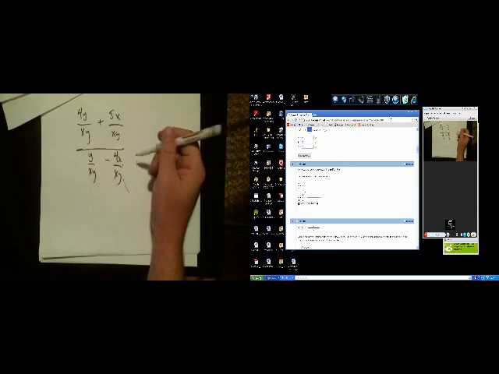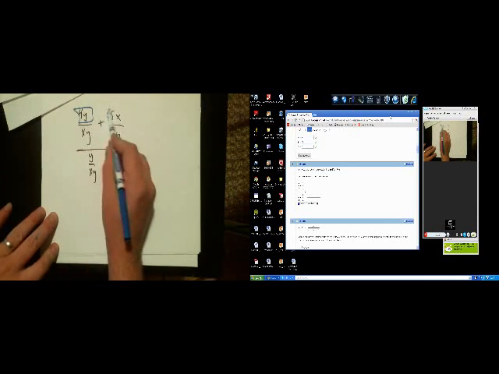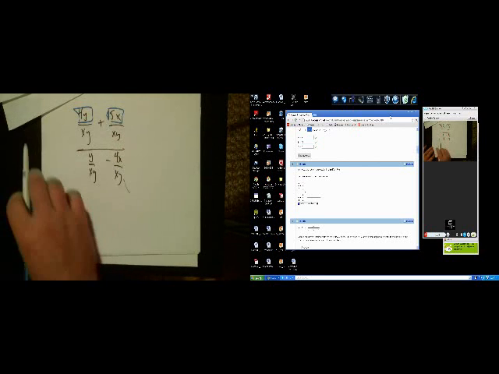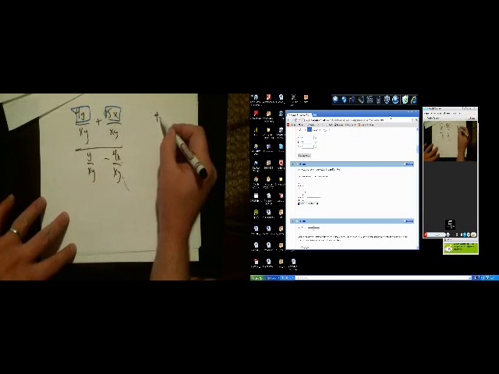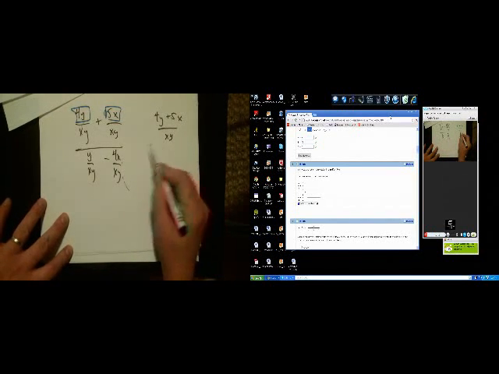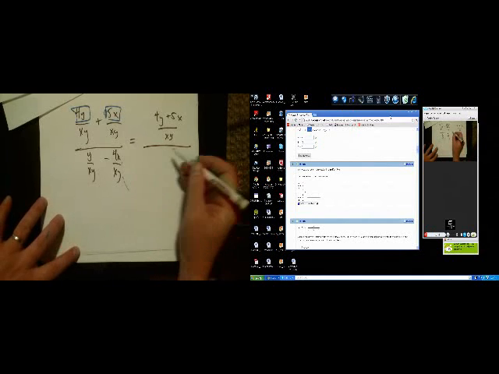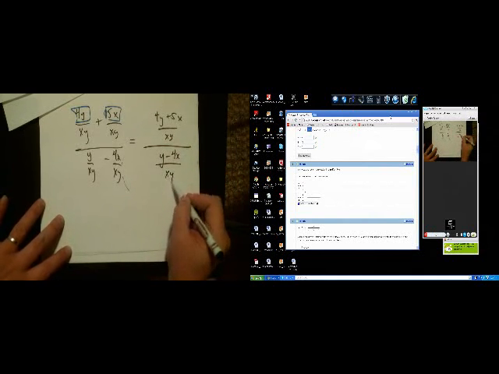Now you add the numerators. So we're going to get 4y plus 5x over xy divided by y minus 4x over xy.